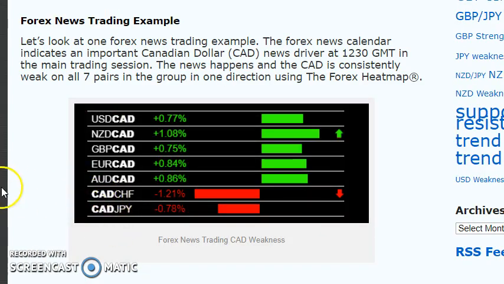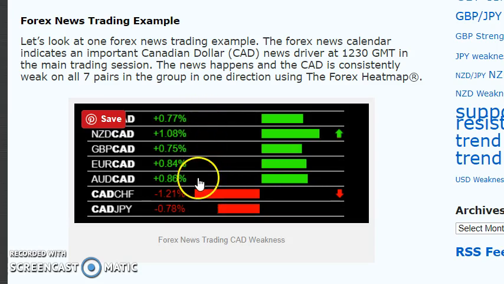In this case, the Canadian dollar is weak across all 7 pairs. Therefore, the system even specifies, this is the Forex heat map now, the tool I just showed you, you're looking to buy the New Zealand dollar against the Canadian dollar or sell the Canadian dollar against the Swiss franc, because the Canadian dollar is weak.